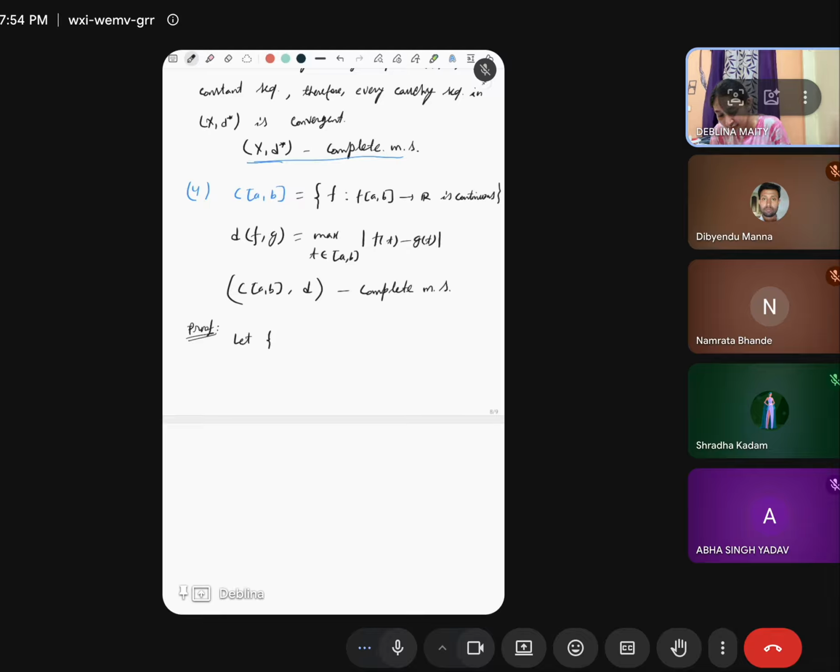Let fn, where every element is a function, be any Cauchy sequence in C[a,b]. This is actually f1, f2, and so on, each of which is a function.